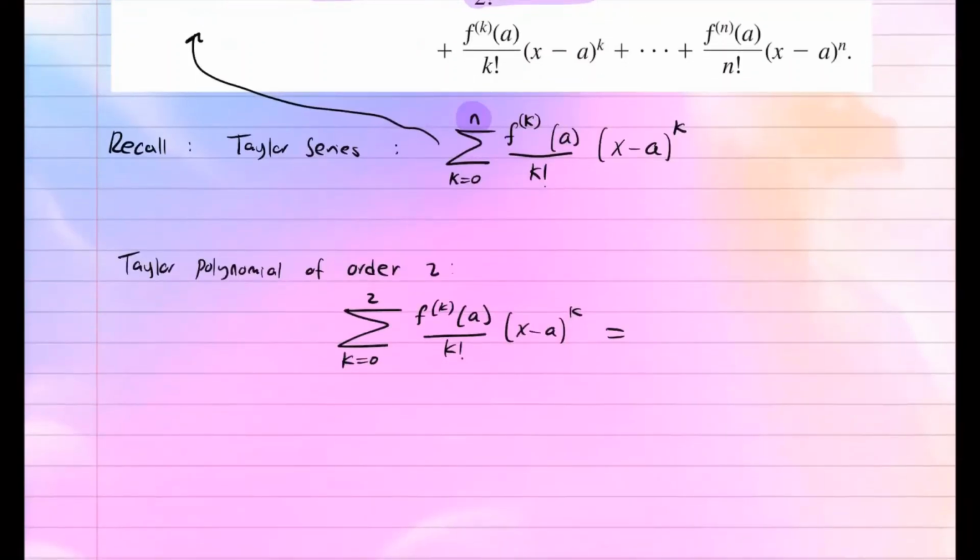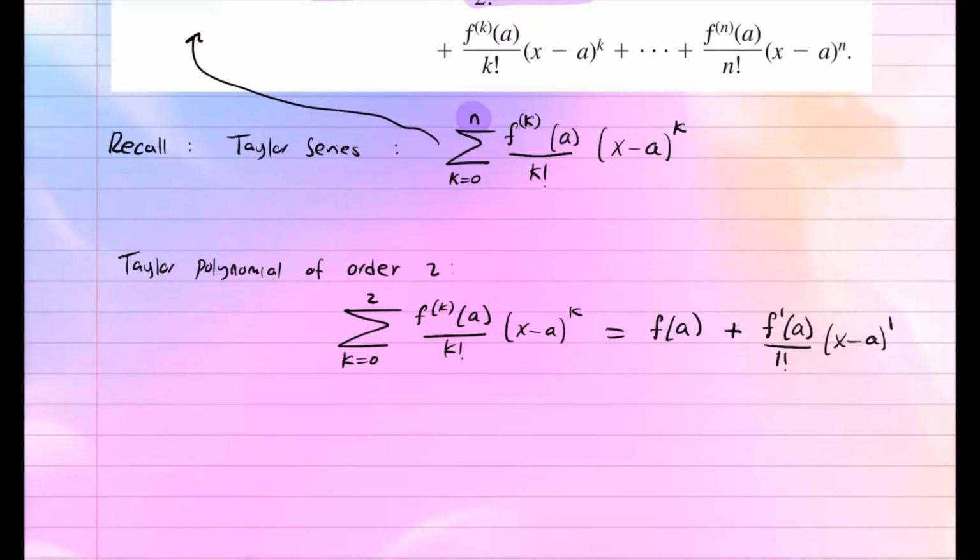So if you write them out, when k equals 0, you're looking at the function 0th derivative, so there's no derivative, the function at its center over 0 factorial, which is just 1, x minus a to the 0th power, that's also 1. So that's the first term. Plus, now when k equals 1, you have the function at the first derivative evaluated at a divided by 1 factorial times x minus a to the 1 power.